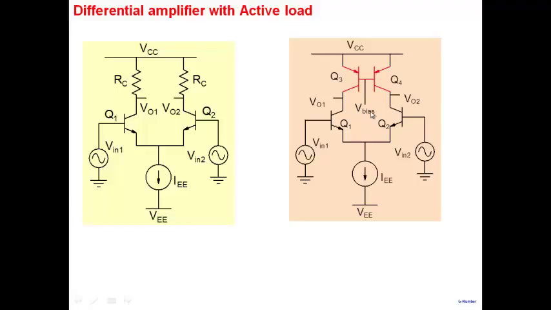Now the trouble with this particular circuit is that this transistor is in the active region and this transistor also is in the active region. And in the active region, a transistor acts as a current source, which means that this acts as a current source and this also acts as a current source. And all of you should know, you should never put two current sources in series, just like you should not put two voltage sources in parallel.